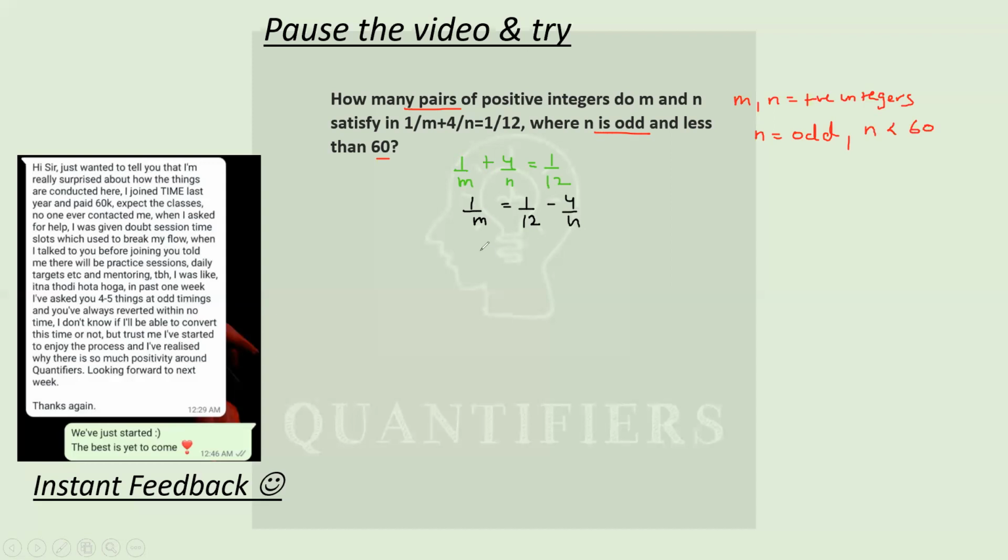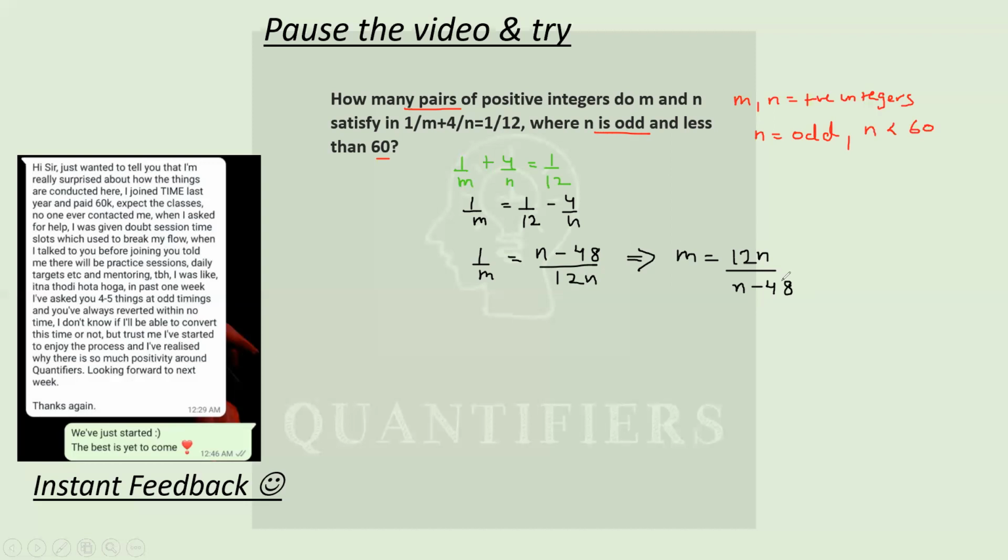On further simplifying, 1 by m is equal to (n minus 48) divided by 12 times n. अगर हम इसका रेसिप्रोकल ले लें तो I can write m is equal to 12 times n divided by (n minus 48).